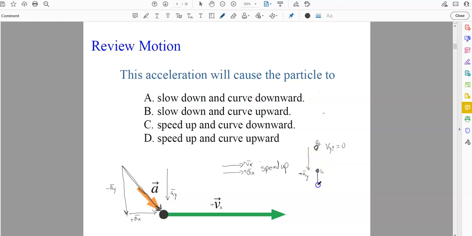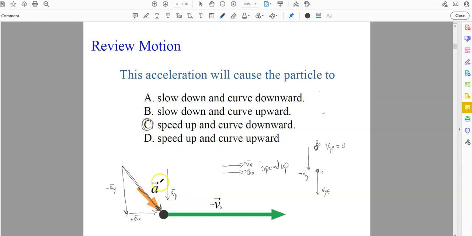It'll have a downward final velocity vector after that 1 second, the same size as this initial acceleration vector. So essentially, if you consider this acceleration vector a force, it is going to be pushing down on this particle. That y direction acceleration vector is going to cause it to curve downwards.